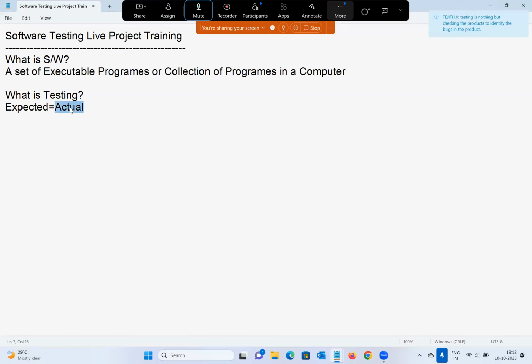For example, guys, today I want to watch one movie. Before going to the movie, by checking reviews and teasers, you definitely have some expectation, right? Which is called the expected value. After watching the movie, the final result is called the actual value.